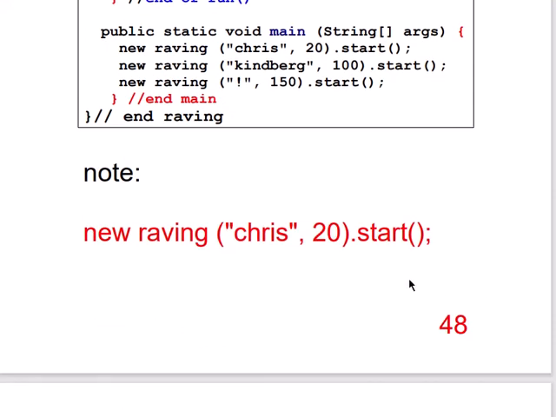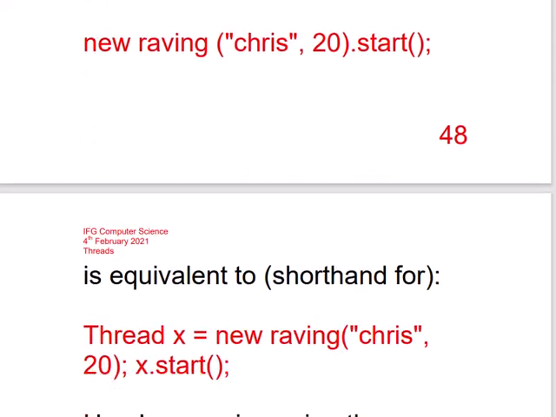The lines above are equivalent to lines of the form: X is of type Thread, and it results from creating a new Raving object with these two parameters plugged in. And then, in a second line, I start X. So I could just compress these two lines into one, this line here. So hopefully that's reasonably clear.